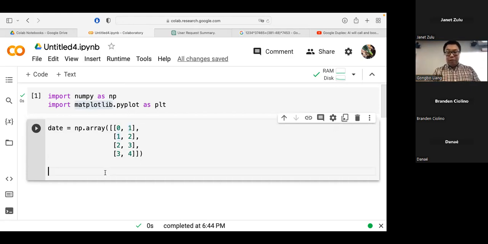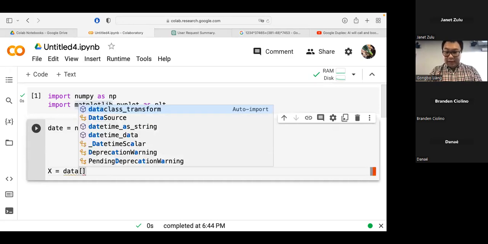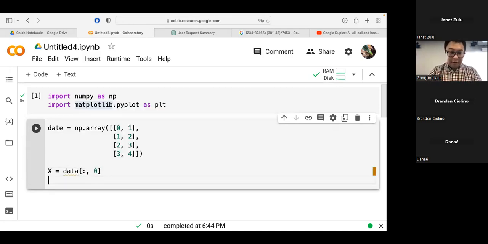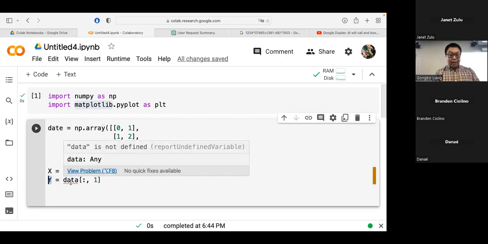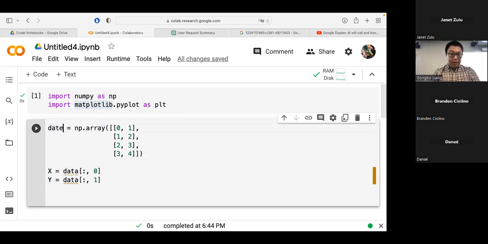To plot the data set, I take X equal to data, all rows, column 0, and y equal to data, all rows, column 1. So I am getting the first column of the data and saving it to X, and the second column and saving it to Y.